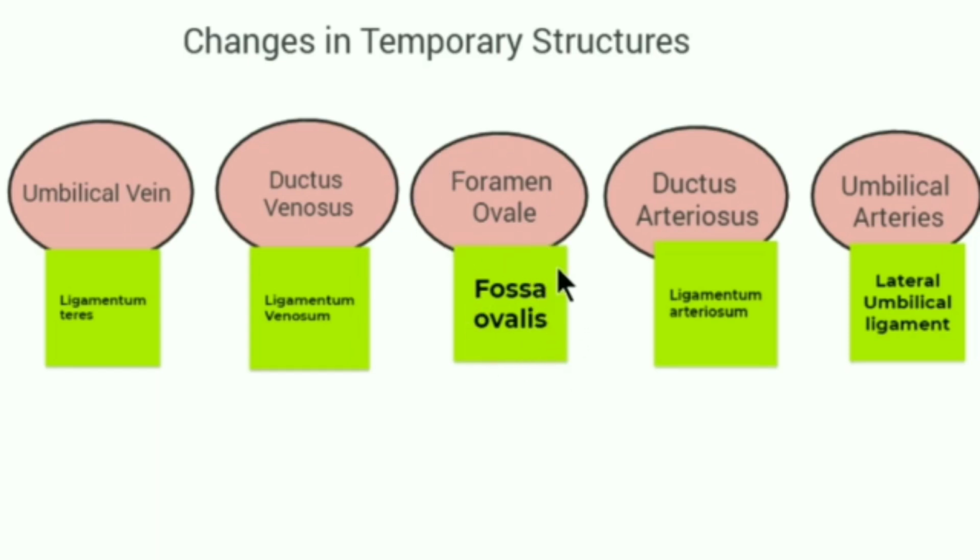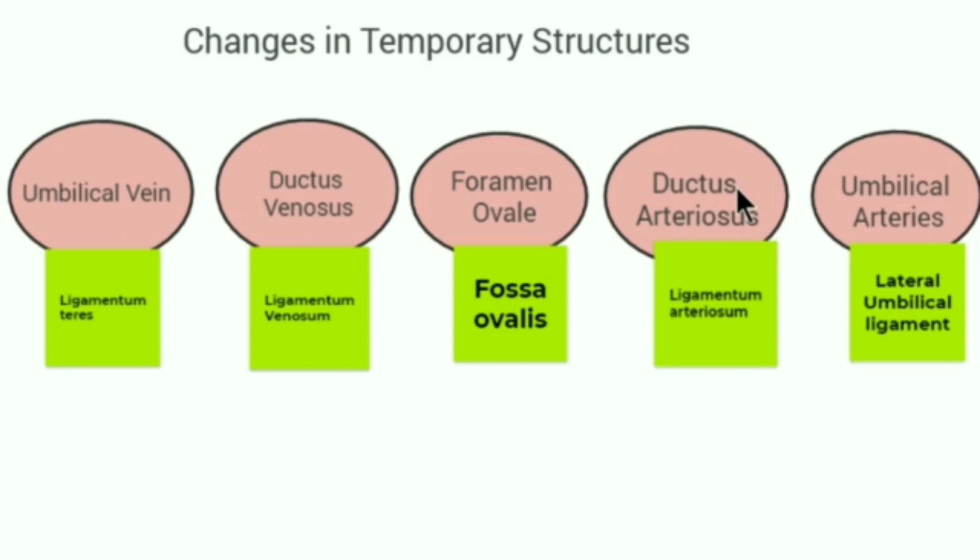In the same way, the ductus venosus has functional closure at the time of birth, because it collapses after birth as no blood enters through the umbilical vein.